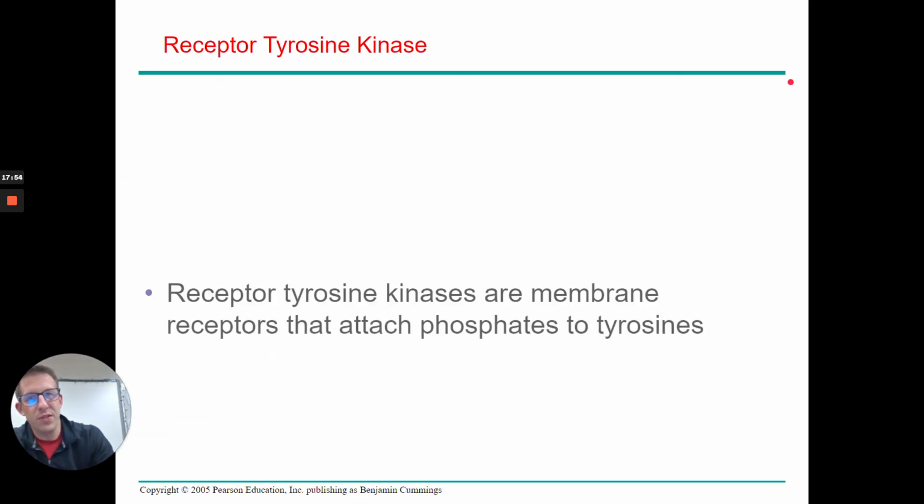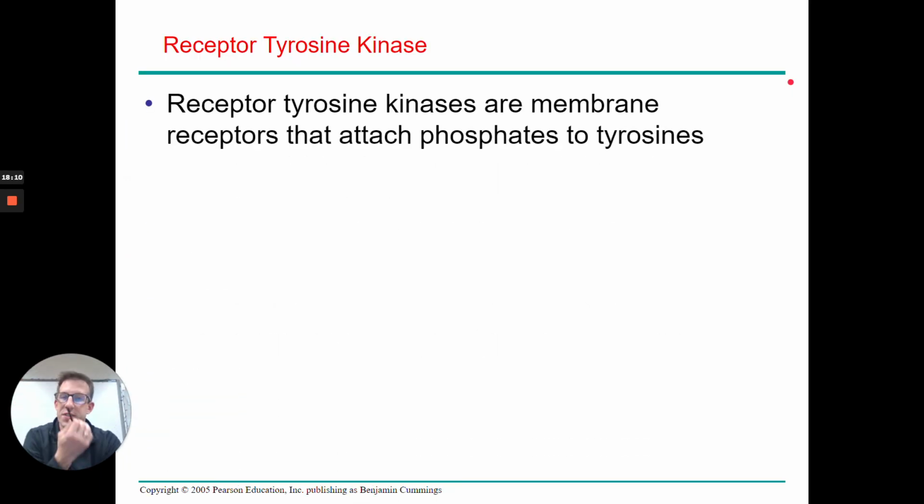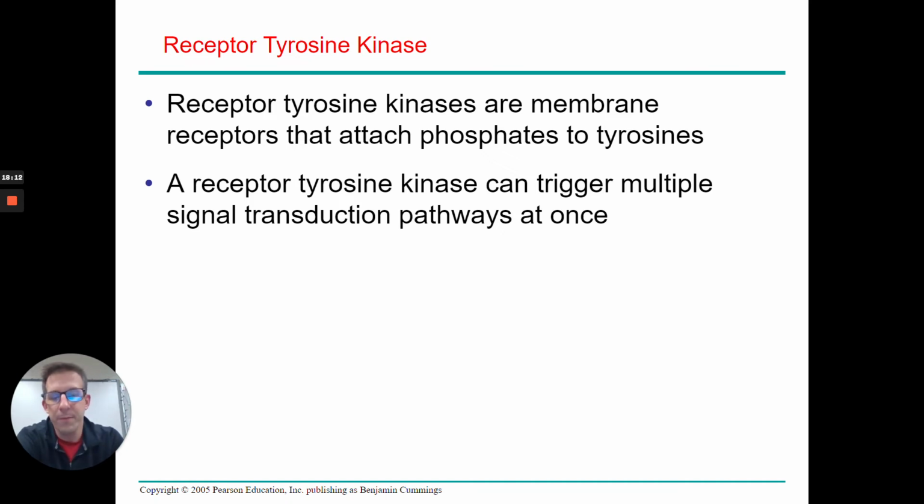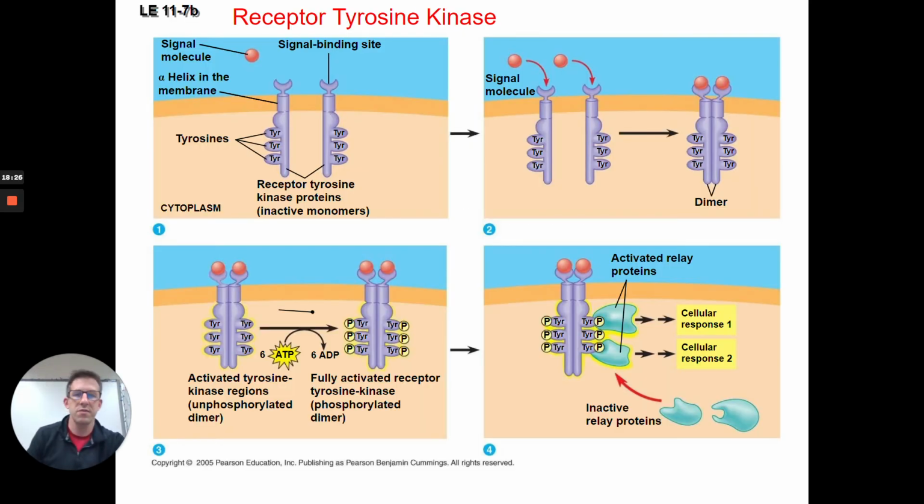The second type is called receptor tyrosine kinase. Okay? Now, the big difference between receptor tyrosine kinase and G protein linked receptor is that receptor tyrosine kinase can activate multiple pathways at once, okay?